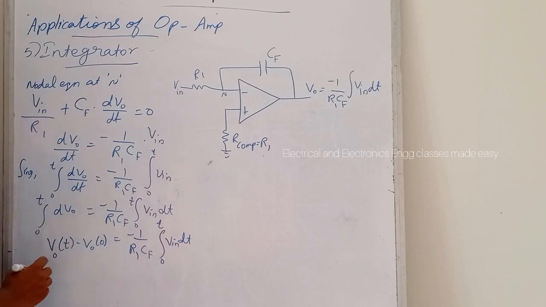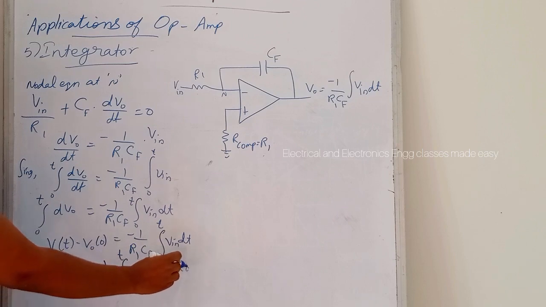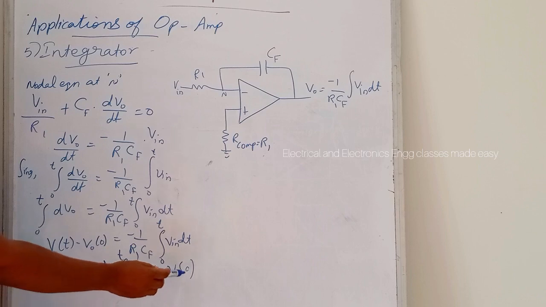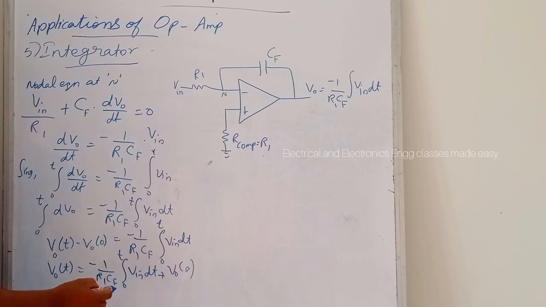So here we can write the output voltage V0 of t is equal to minus 1 divided by R1 Cf integral 0 to t of Vin into dt plus V0 of 0. V0 of 0 is the initial output voltage. So this is the expression for the output voltage.